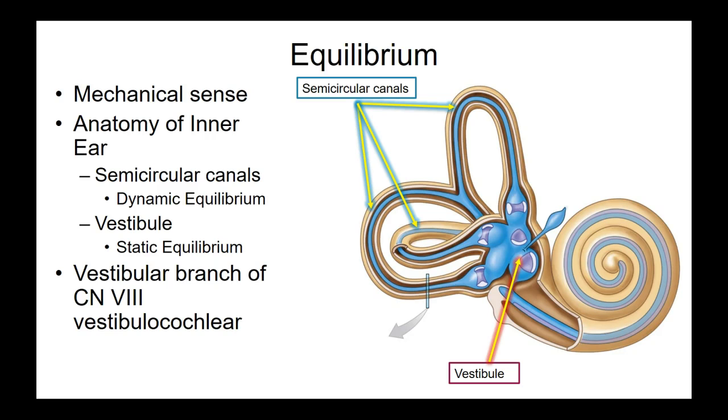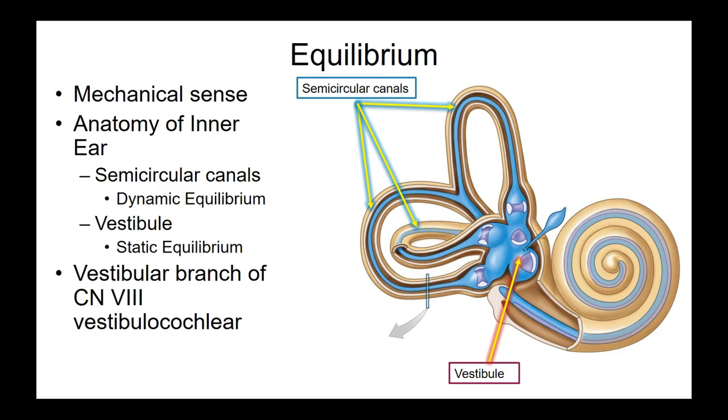When we talk about static or linear equilibrium, we're talking about moving forward, back, side to side, or up and down. When you're sitting in a car and the car accelerates, that's linear acceleration, and when you stop, that's also deceleration, so it's linear.